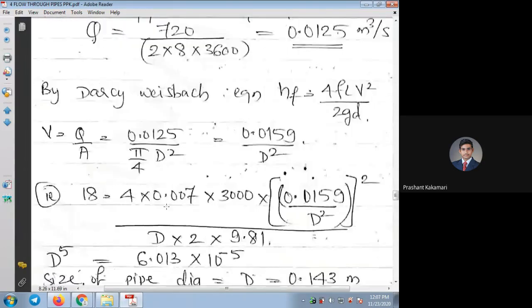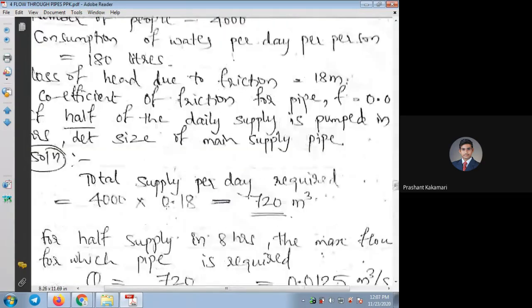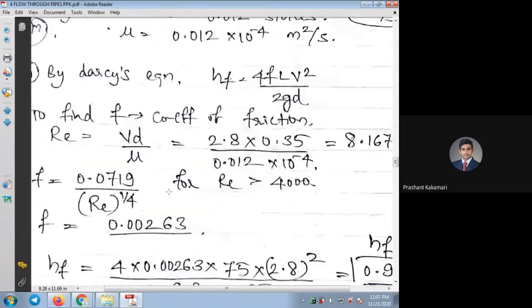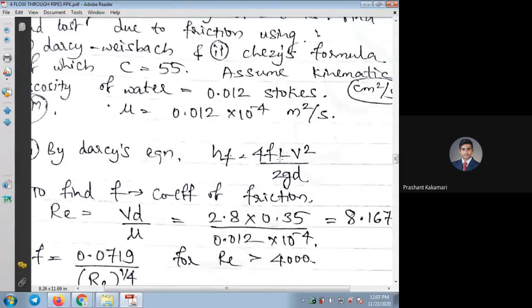That we have to first recollect. The formula is written here. In this, diameter is given, g is constant, F is not known to us, so this F we need to find out. L is given in the problem, the length of the pipe, that is 500 meters. V square, so velocity is also not known.